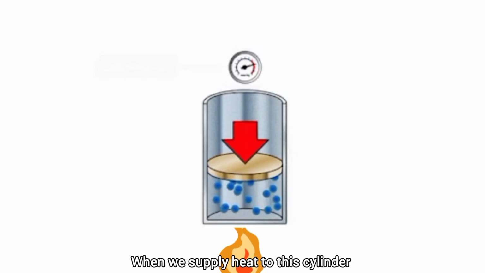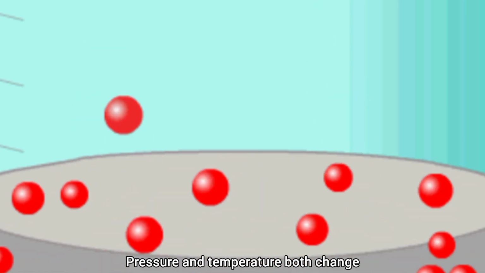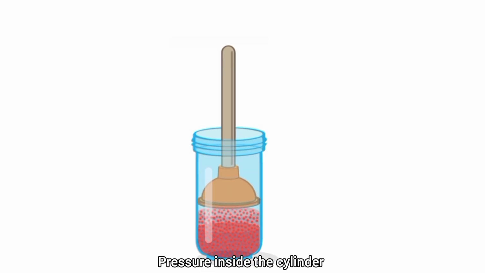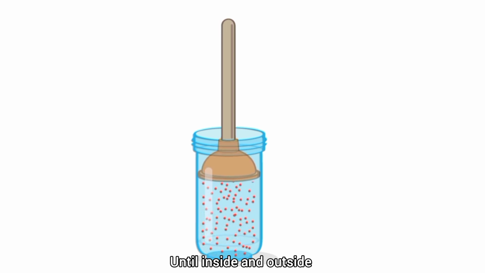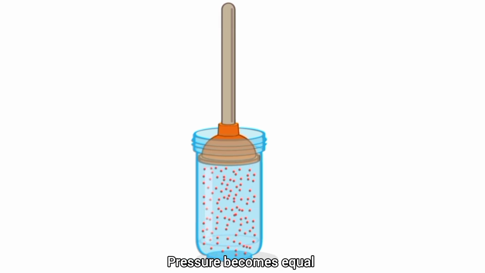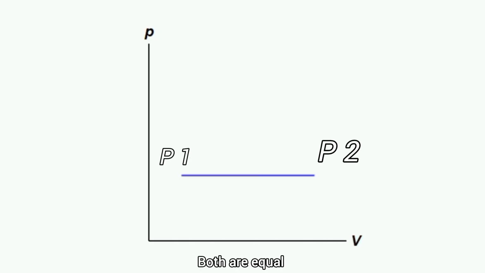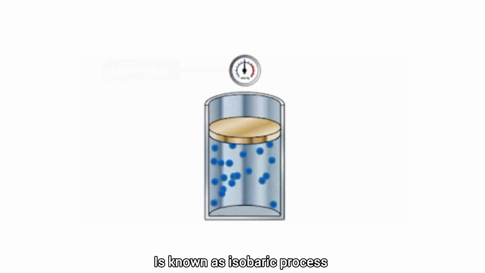So when you supply heat to this cylinder, the pressure and temperature both change. But as we know, this piston is free to move, and that's why high pressure inside the cylinder exerts a force on this piston, and the piston moves until the inside and outside pressure become equal. We can see that initial and final pressure both are equal. That's why this process is known as an isobaric process.